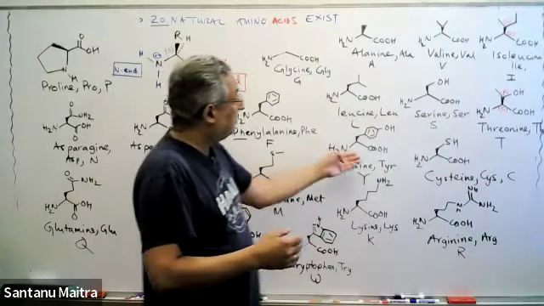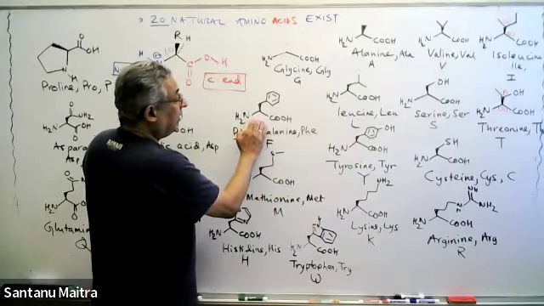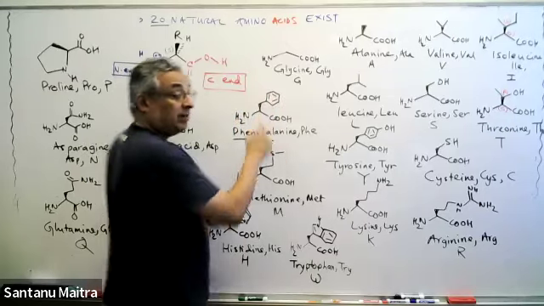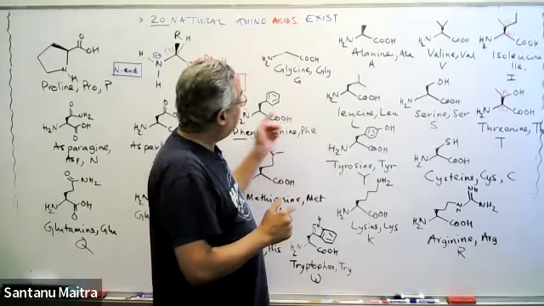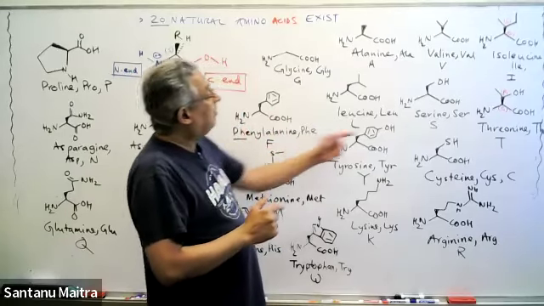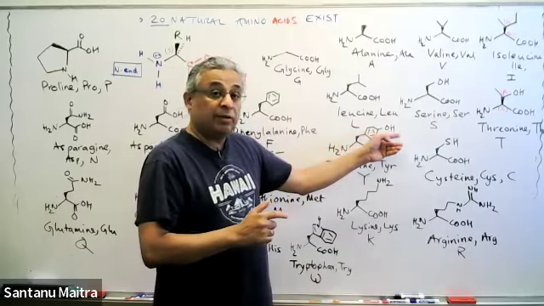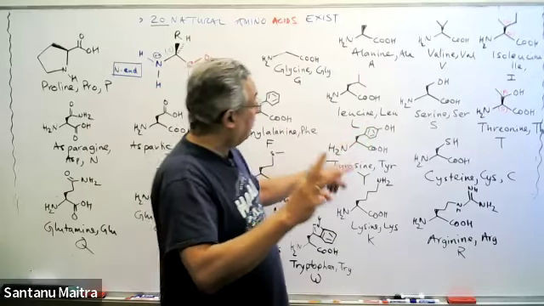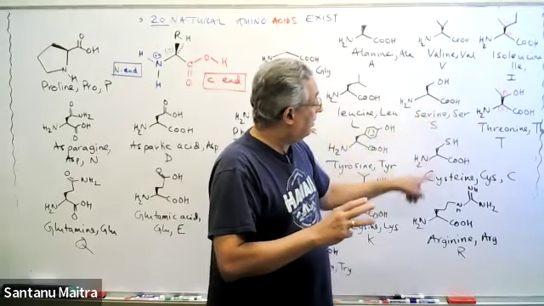Another one with a hydroxy group is tyrosine. This is phenylalanine, CH2 with a benzene ring, that's called phenyl. And tyrosine is phenylalanine with an extra OH. So OH guys are three of them: tyrosine, threonine, and serine.